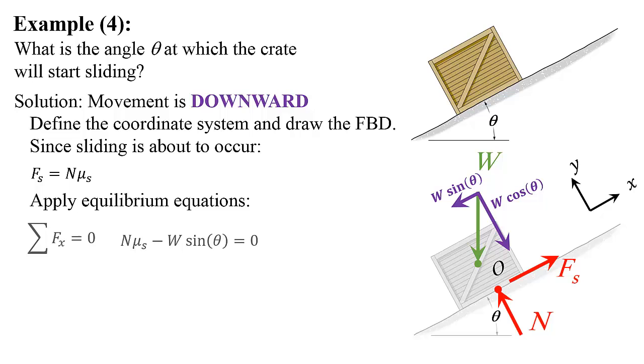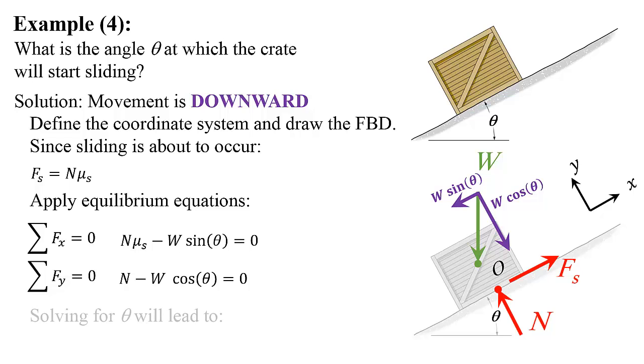Summation of the forces in x equal to 0. I will have n mu s, which is Fs, minus w sine theta equals 0, and in the y direction, n minus w cosine theta equals 0.